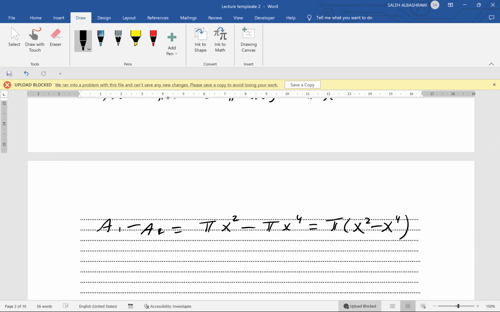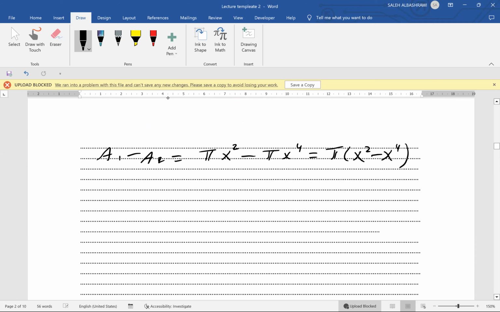Or in general for the washer, the shaded area will be pi times R1 squared minus R2 squared, the outer radius minus the inner radius. Now I have the cross-sectional area.